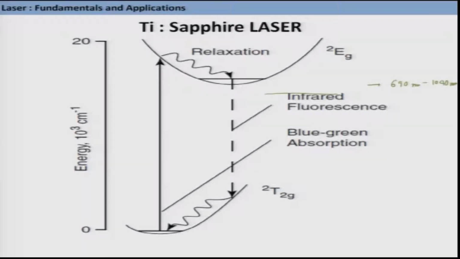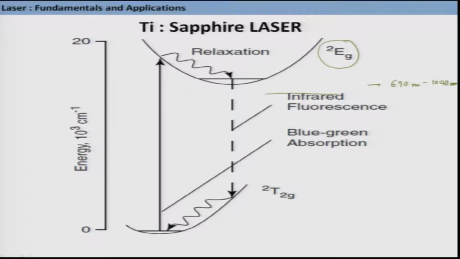Here it is shown how this excitation and emission takes place. When you excite, it goes to the upper excited state, which is given by the term symbol 2Eg, and its lower state is the 2T2g state. This is one of the excitations.